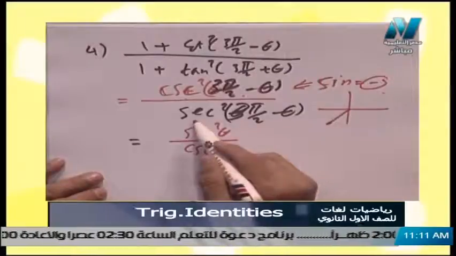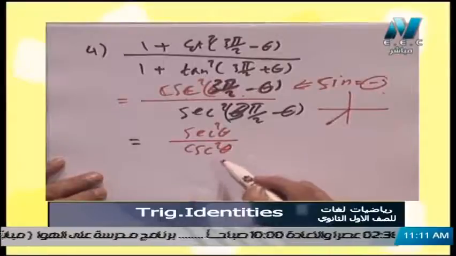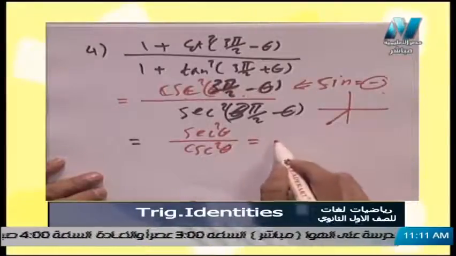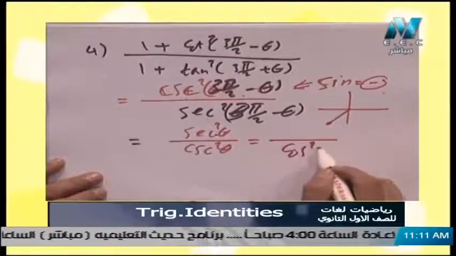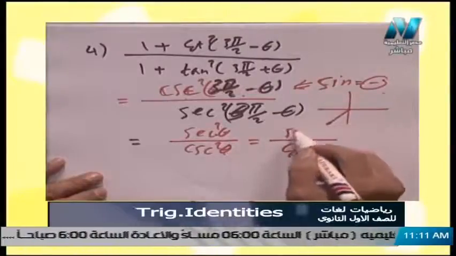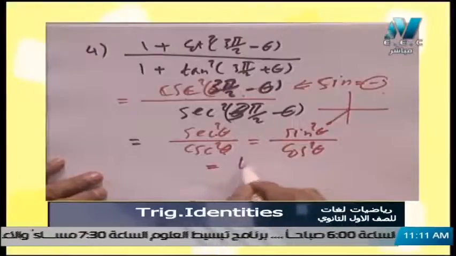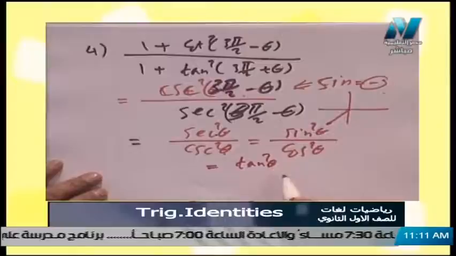So sec power 2 over cosec power 2 means cosine power 2 theta over sine power 2 theta, so it will be tan power 2 theta in the simplest form.